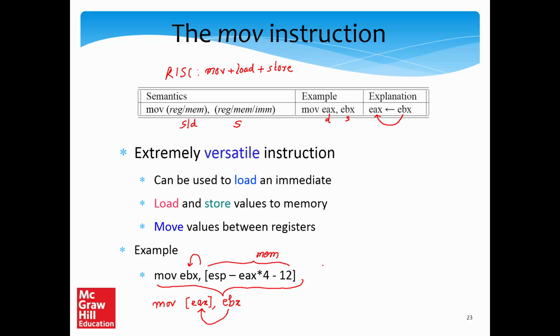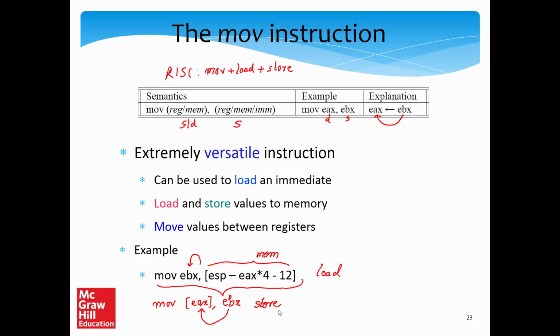So the former is an example of a load and the latter is an example of a store. The move instruction can move values between registers. It can move a value from a register to memory, which is the same as a store. It can move a value from memory to a register, which is the same as a load.